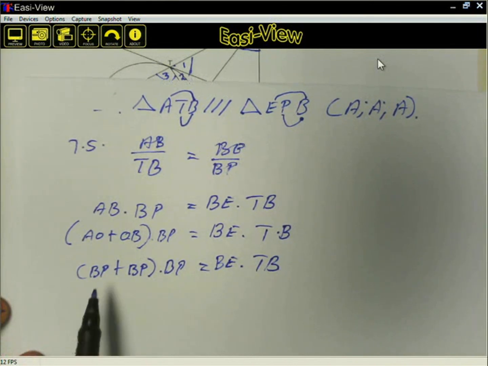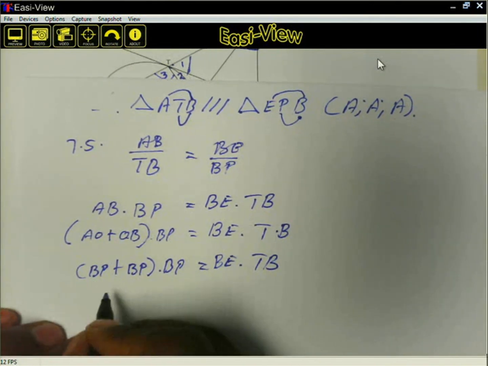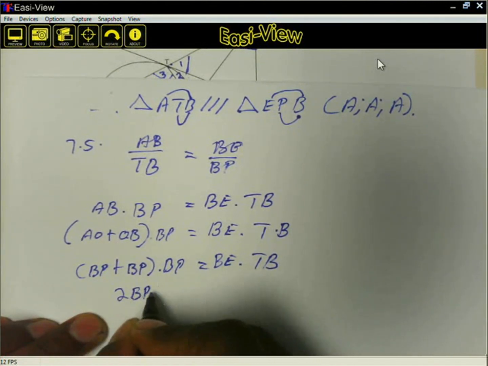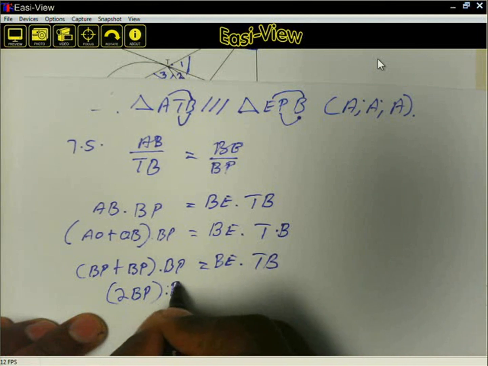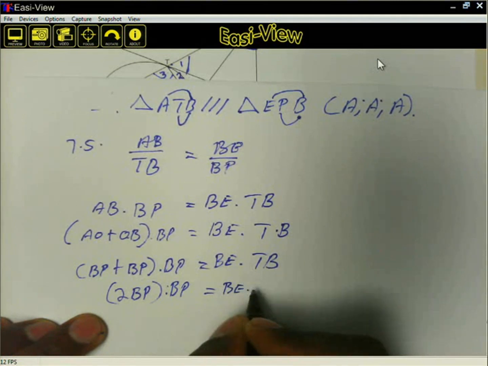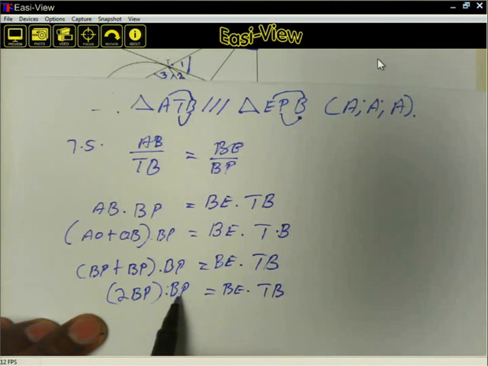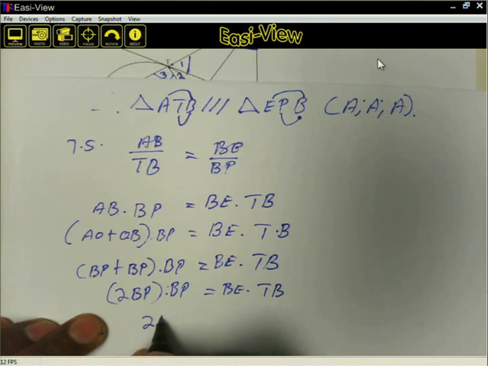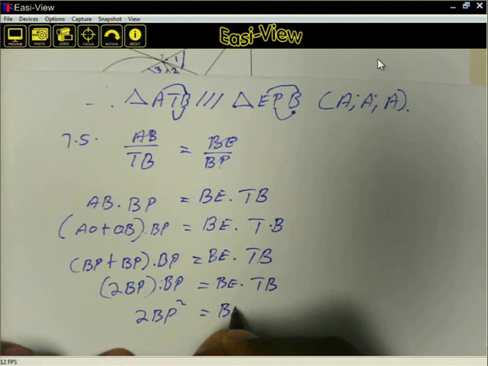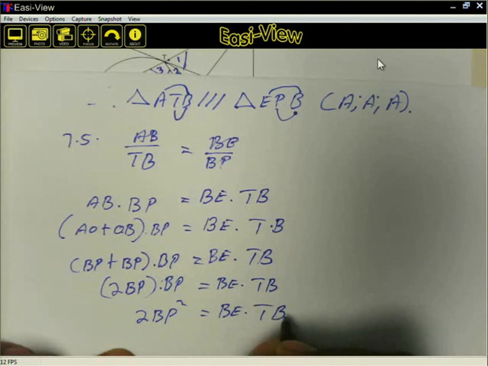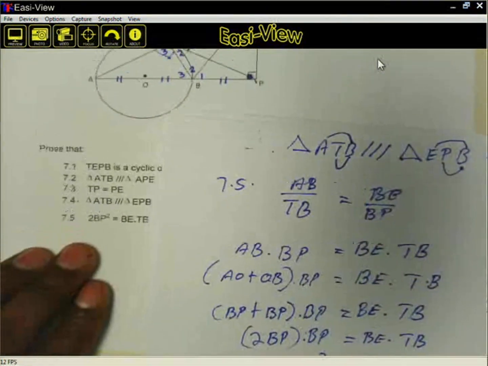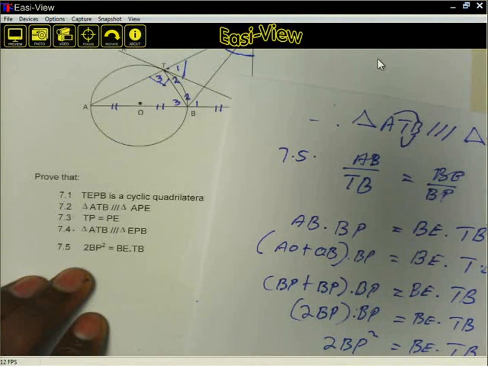Then you add BP plus BP, you've got twice BP, multiplied by BP. Therefore you've got 2BP squared, which gives BE multiplied by TB. Then we have the required to prove part: twice BP squared equals BE multiplied by TB.